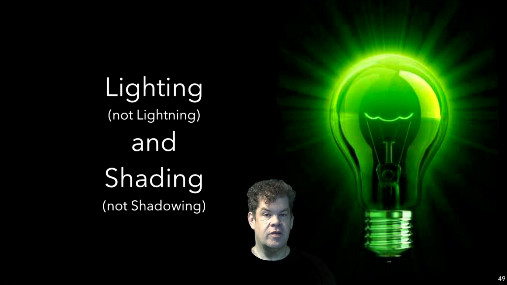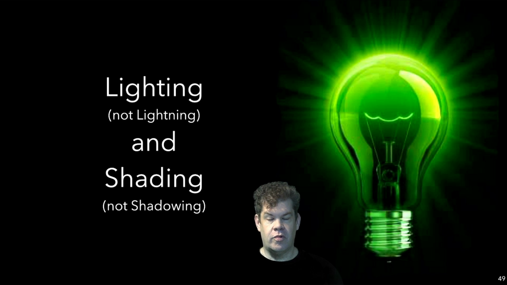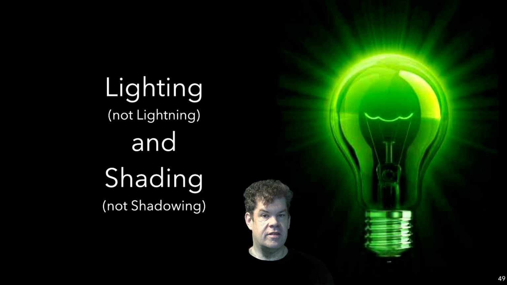One thing I mentioned last time is that traditionally lighting is part of the vertex processing stage. That doesn't mean that we have to do it today, more on programmable shaders later today, but nonetheless, let's repeat what this lighting thing is all about and what this shading thing is all about.